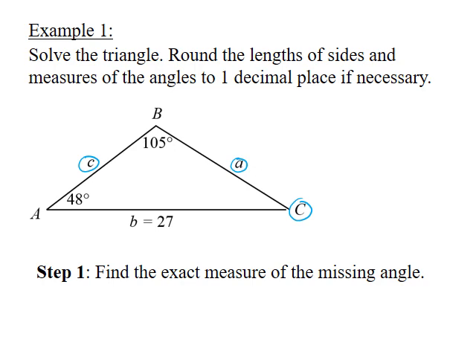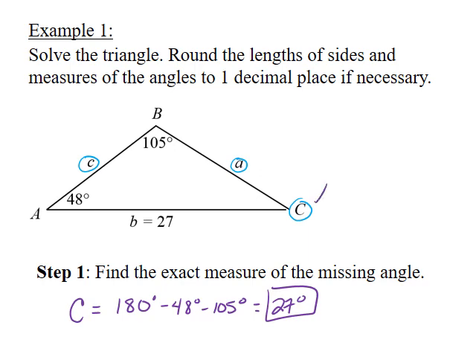And the reason for that is because it's pretty straightforward. The sum of the angles still adds to be 180. So we'll take 180 degrees minus 48 degrees minus 105 degrees. And this will give me the measure of angle C to be 27 degrees. Okay, so this one is done.